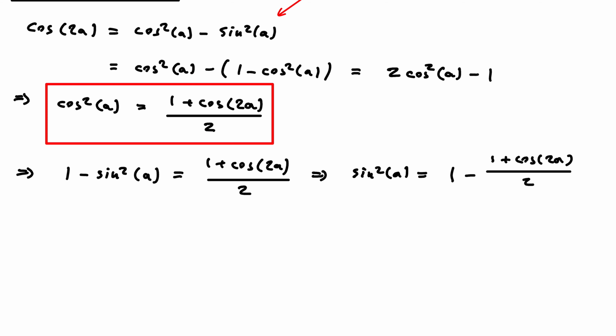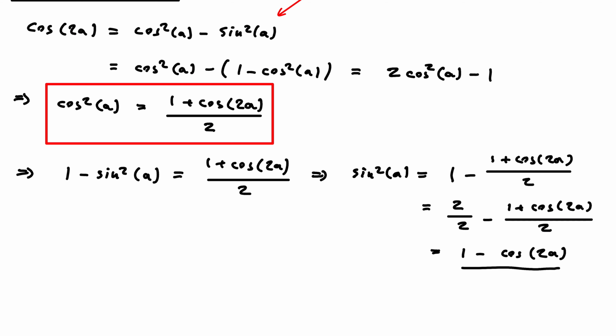Let's do this super carefully. This is 2 divided by 2 minus (1 plus cos of 2a) divided by 2. So I've made the denominators the same. Putting all this together, I get 2 minus 1, which is 1, minus cos of 2a, all divided by 2.